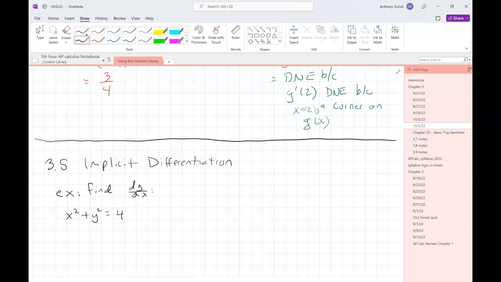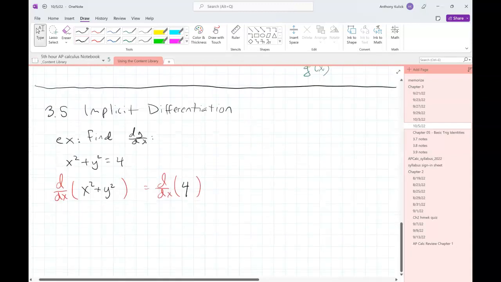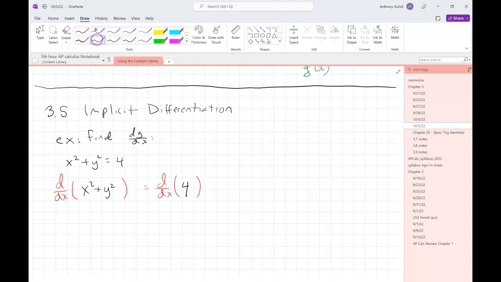Everybody's okay so far? Okay. So just like we've done before, I'm just going to take the derivative, and we're going to do it to both sides of our equation. So far, so good. Now, the derivative on the left-hand side just kind of distributes, right?